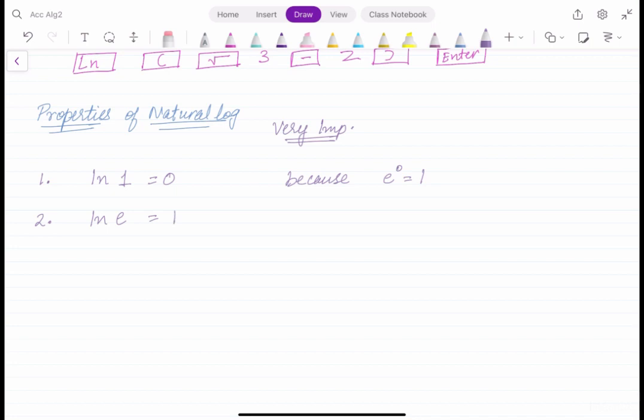ln of e, because they are inverses of each other, that is why it is just 1. e to the power of 1 is e, and ln of e is just 1. ln of e to the power of x, they are inverses of each other, so it is nothing but x, and the same thing as e to the power of ln x. e and ln, they are inverses, we don't need them, only x is left because they are inverses of each other.